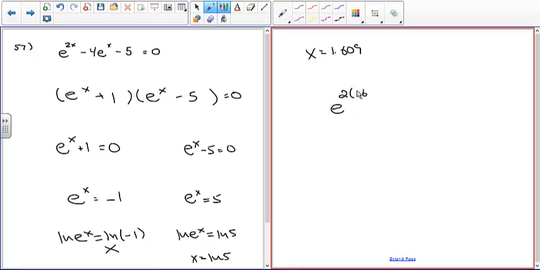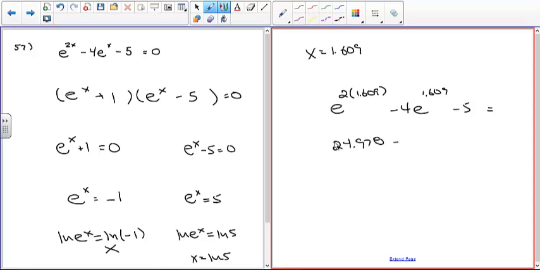So let's just check it out. e to the 2x minus 4 times e to the x minus 5 with x equal to 1.609 equals something. So let's just do it on a calculator. e to the 2 times 1.609, and I did something wrong there. There we go. 2 times 1.609. So that's 24.978.